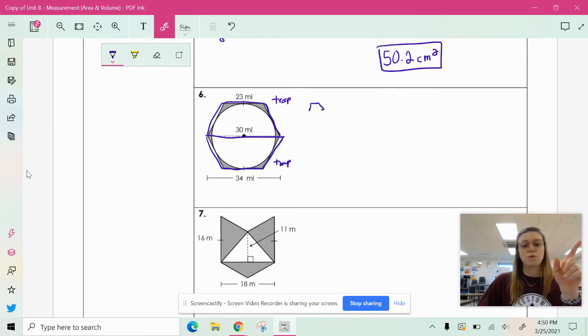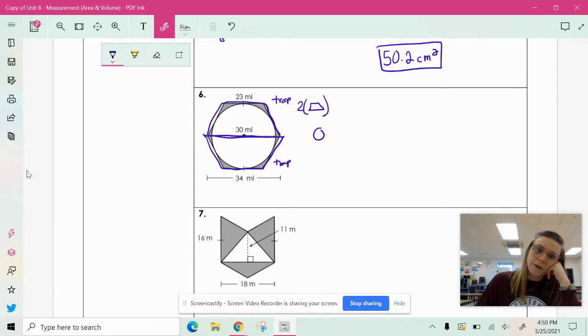So I'm going to do twice a trapezoid for the shaded region, minus a circle. I need the bottom base and the top base.